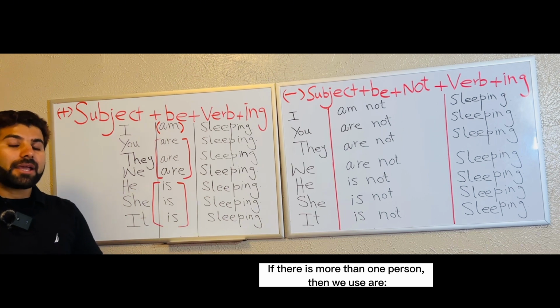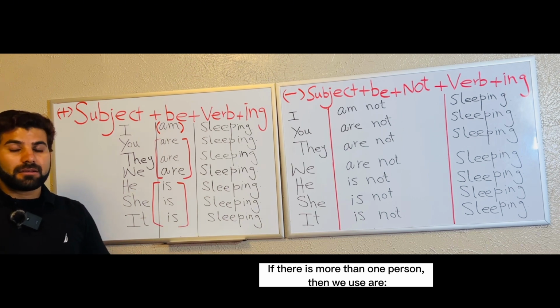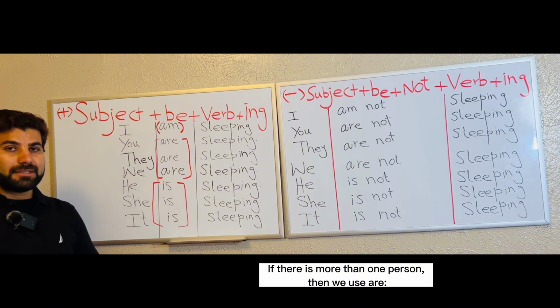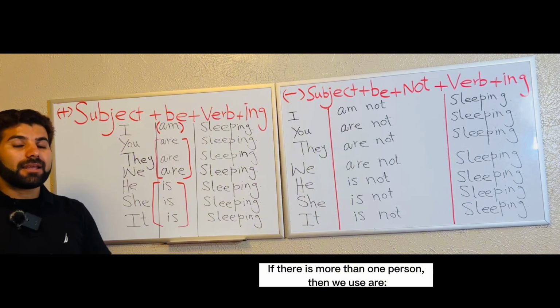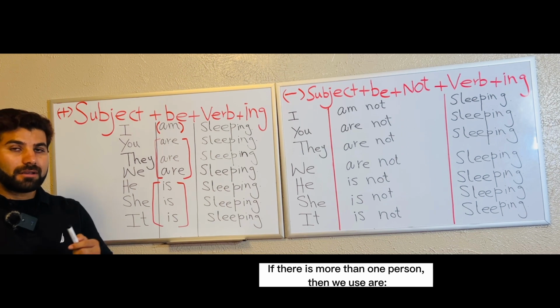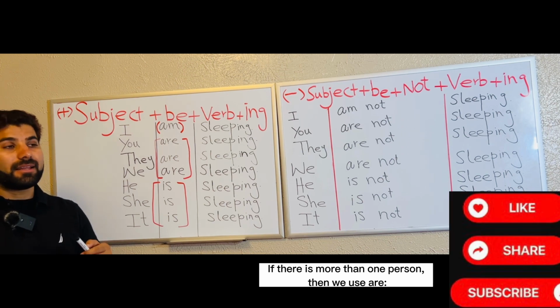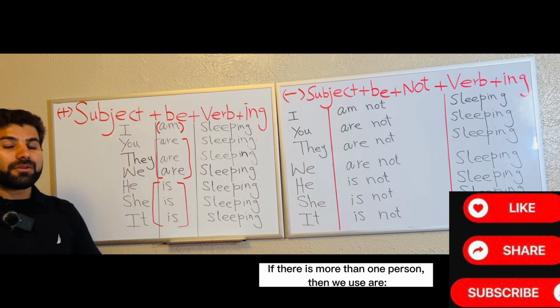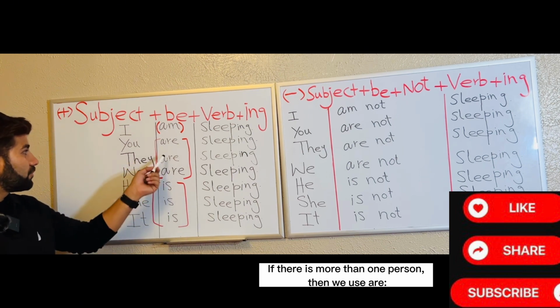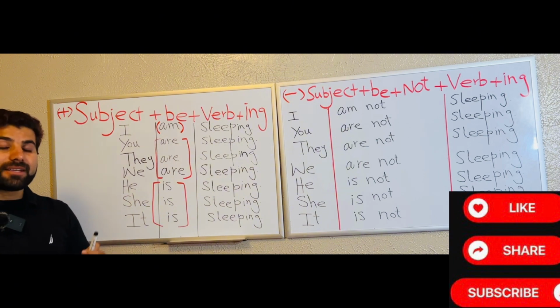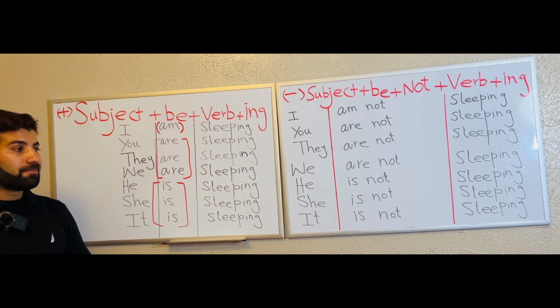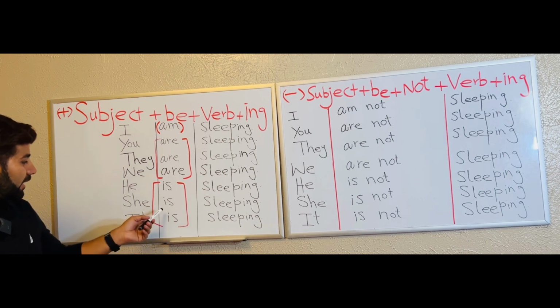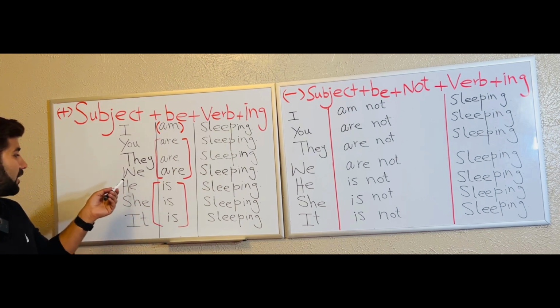Remember, if there is more than one person, for example, Mike and Bob, then we need to use are, because then they will be they. So there we will use are. And also, if there is one person, for example, Mike, there we will use is. That will be considered he.